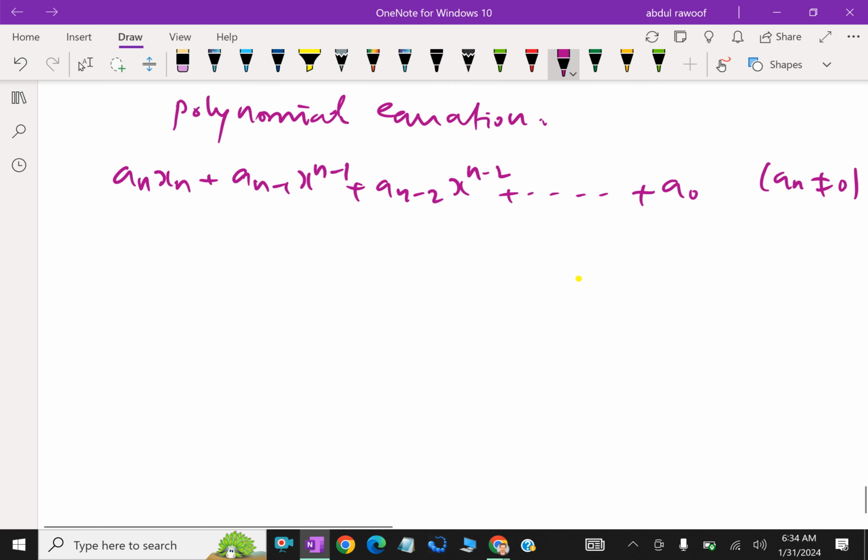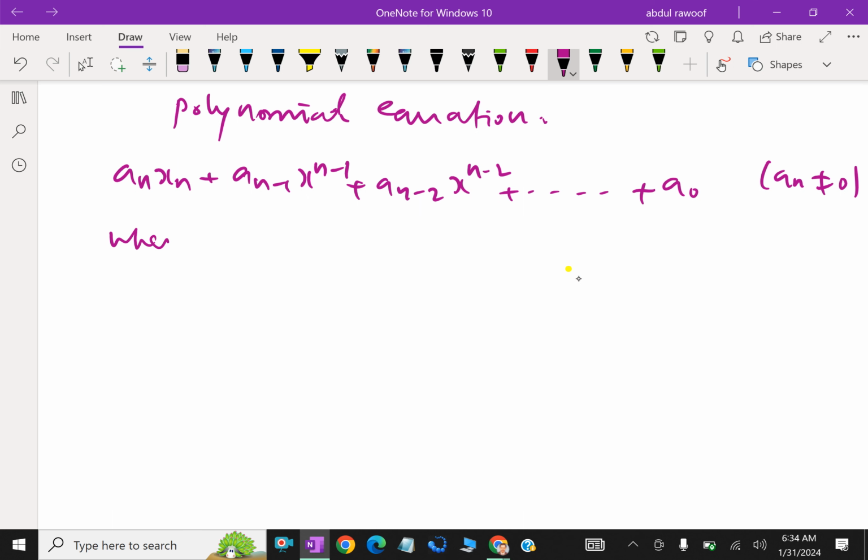Now, where a_n is not equal to 0, and a_(n-1), a_(n-2) are coefficients.